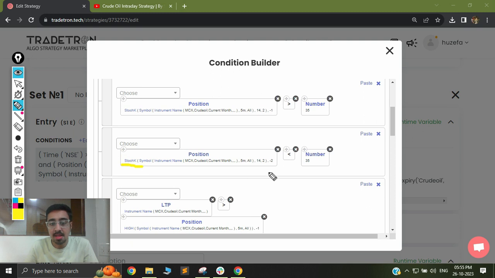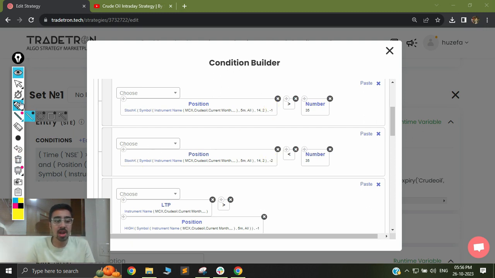My -2 candle of stochastic K has to be less than 35. So if this is the 35 line, my -2 has to be here, and the -1 that you see here has to be more than 35. This gives us an upward moving line, which we can identify as an upward crossover on the 35 mark. That is the second condition for our strategy.